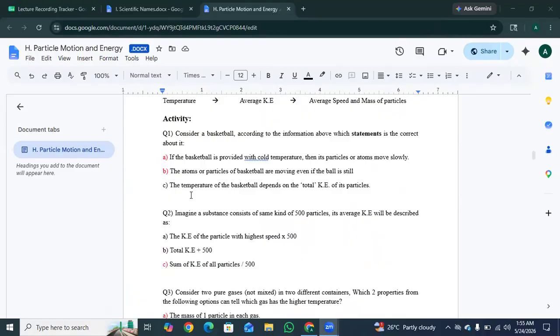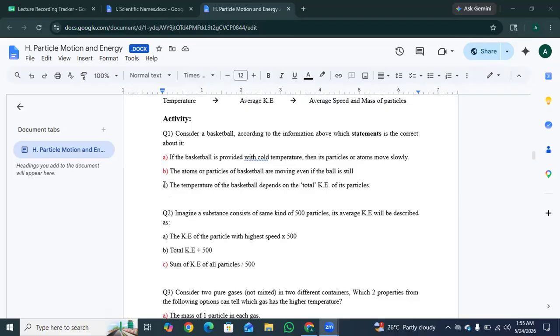Okay students, here we have some activity. Consider a basketball. According to the information above, which statement is correct about it? If the basketball is exposed to cold temperature, then its particles or atoms move slowly. The atoms or particles of the basketball are moving even if the ball is still. The temperature of the basketball depends on the total kinetic energy of its particles.